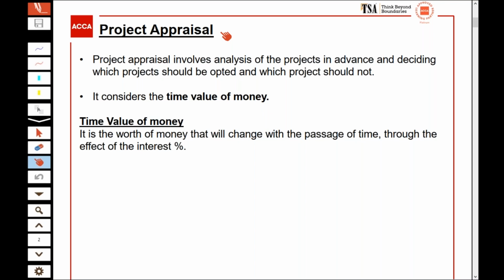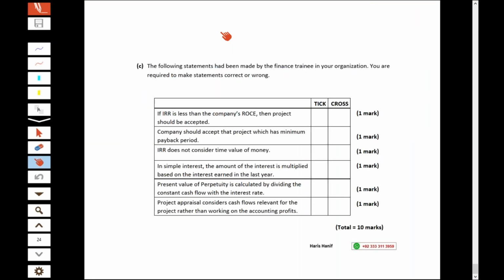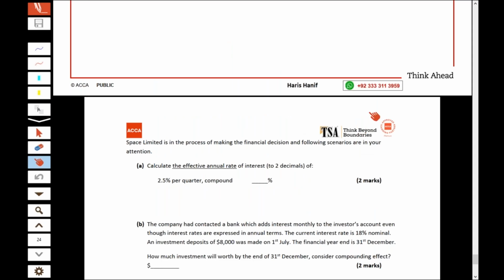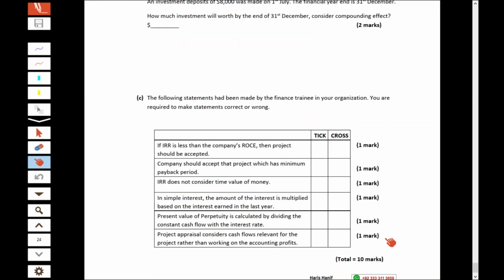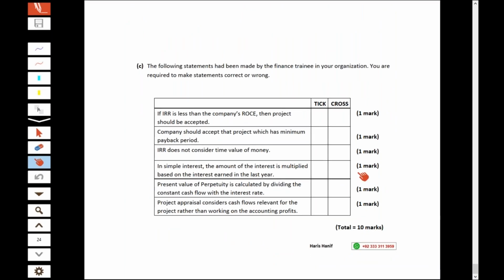Why? Because the exam may include MCQs from this chapter, even the case-based OTQ which we did yesterday. The case-based OTQs of this chapter were 2 marks, 2 marks, 1 mark, and it becomes a total of 10 marks.